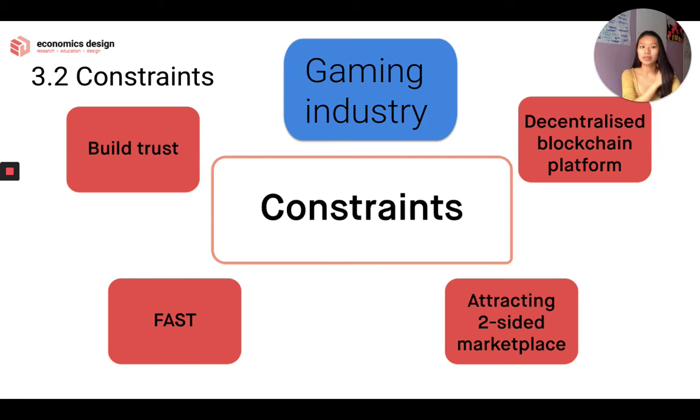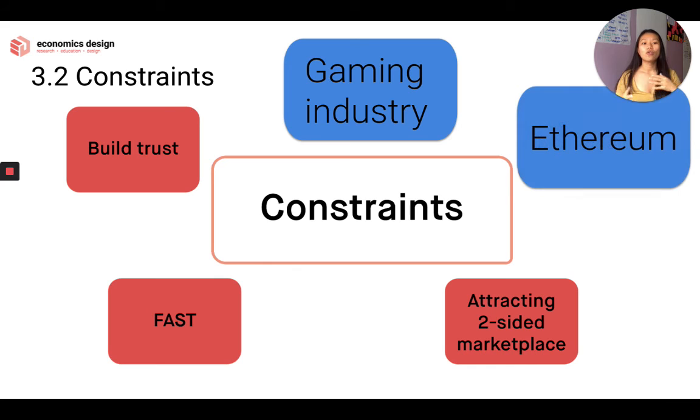The second problem is a decentralized platform. They really want to build on a decentralized platform, so you have to choose between Ethereum or Bitcoin. But Bitcoin is more of a cryptocurrency, whereas Ethereum is like a supercomputer that can run more sophisticated smart contracts. So they decided to build it on Ethereum. The other constraint is attracting two-sided marketplaces. As I mentioned, you have to attract the users and developers.